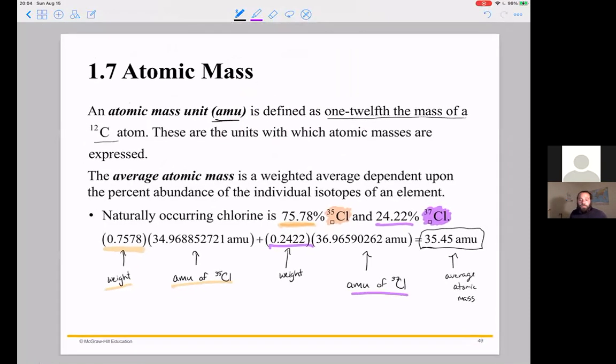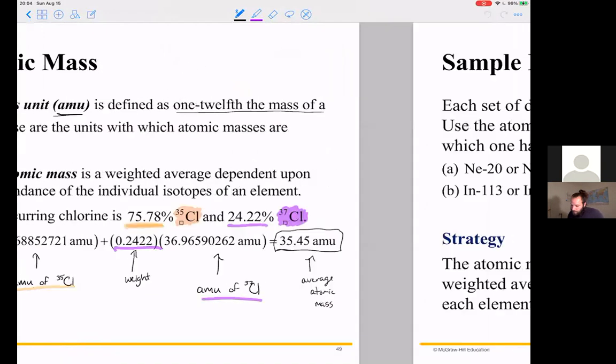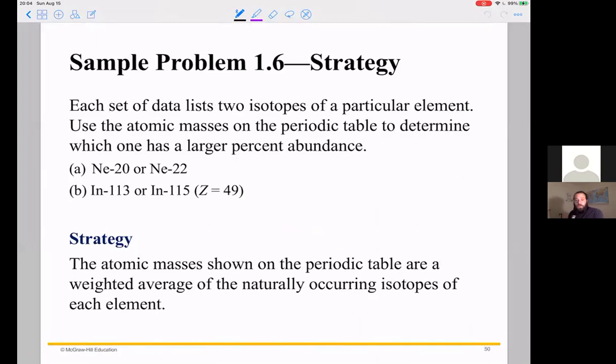Okay, and so we're going to do a few calculations with this here. Real quick, even before we get into strictly doing the calculations, there's an almost easier type of problem that I would expect you to be able to do. And that is, given the average atomic mass on the periodic table, tell me which isotope is more abundant, right?